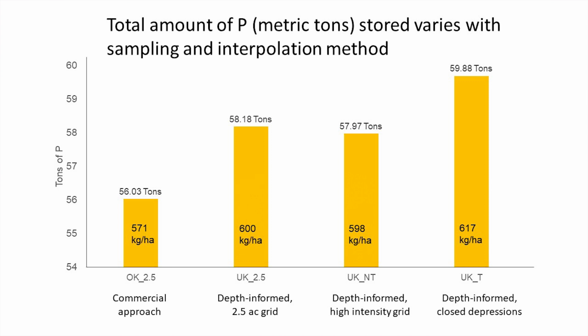Again, our commercial approach with ordinary kriging in the 2.5 acre grid, we can estimate about 571 kilograms per hectare of total phosphorus. And then at the other end of the extreme with the universal kriging and those targeted samples, again, where this is really depth informed and also making use of those samples we collected from closed depressions, we see that there's actually a lot more phosphorus in this field than we otherwise would have estimated.